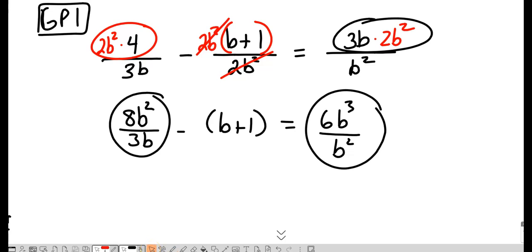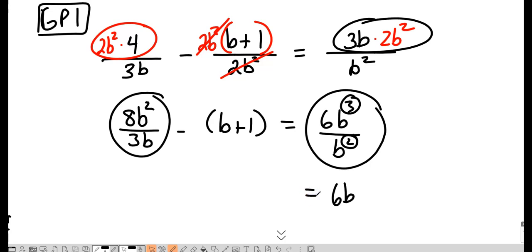All right, so what do you think, Michaela? What'd you get for this first one here? How about this one? 6b. So there's 3 b's on the top and 2 b's on the bottom, so we just take 2 away from both of those and we're good to go.